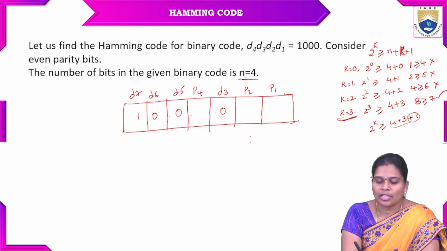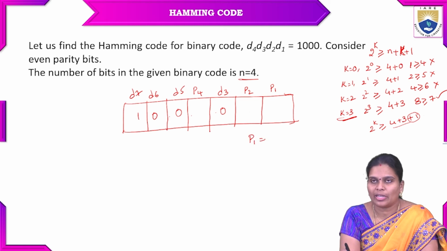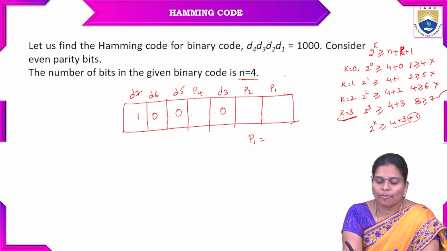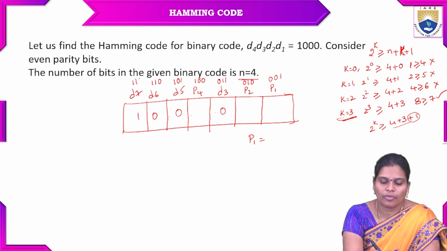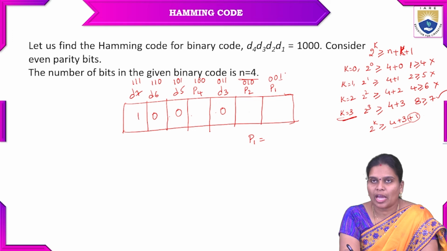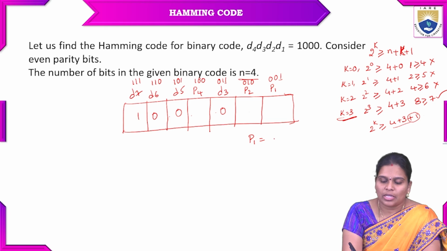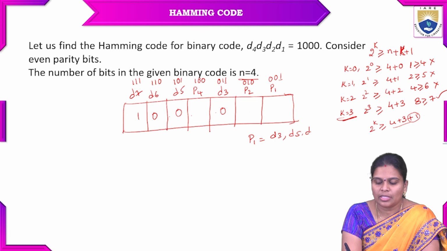First, finding the P1 parity, depending on the position bits: 0 0 1, 0 1 0, 0 1 1, 1 0 0, 1 0 1, 1 1 0, 1 1 1. For P1 we take the positions whose first LSB is 1. In P1 we don't have any data at that position, so we are not concentrating on it. Next LSB is 1, that is D3, next D5, next D7.